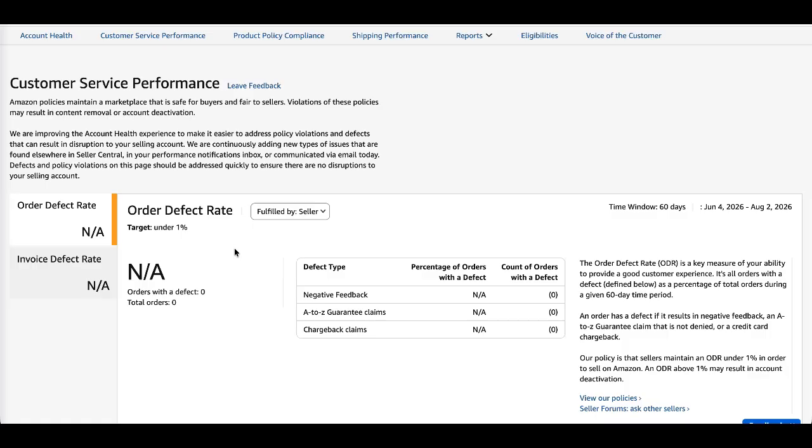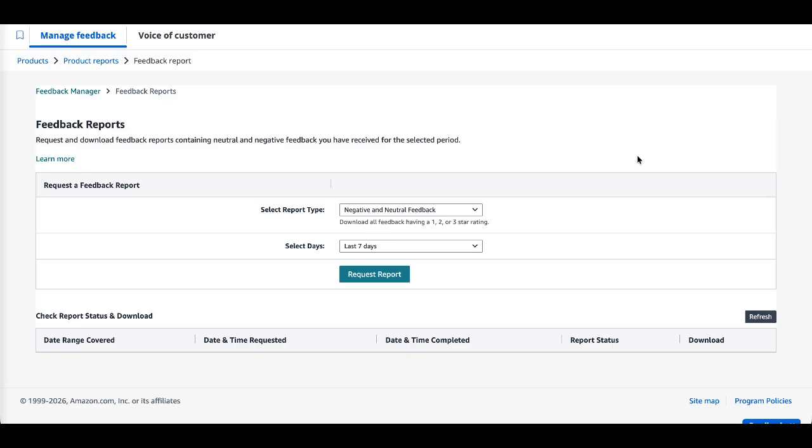Now, how to manage these factors? To manage negative feedback, you can go to the performance bar. I'll show you. You will come here to the manage feedback tab. Here you will see all your feedback. For the feedback that has a negative rating, less than 3 ratings, you will try to contact that customer and give them complimentary refunds.